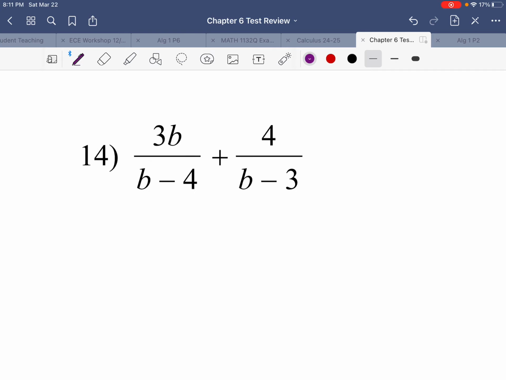At number 14, I've got two different denominators, b minus 4 and b minus 3. So I'm going to multiply both of these by the least common denominator, which is b minus 4 times b minus 3.